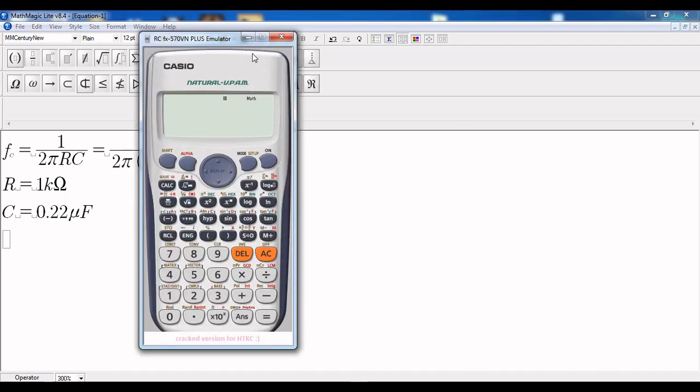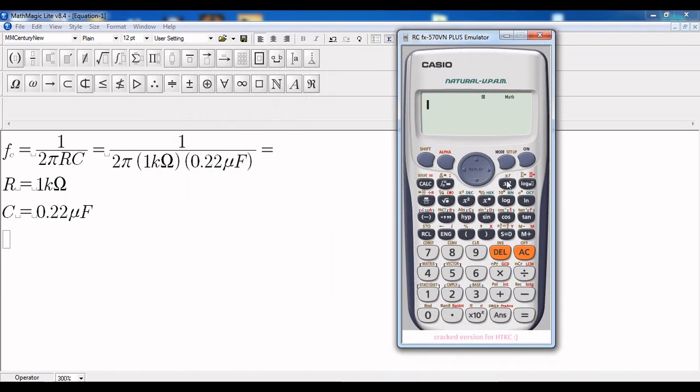So using our calculators, so we have your 2 pi, 1 kilo ohm, and 0.22. One way of doing this is we could compute the 2 pi or everything in the denominator, then put in the reciprocal. So I'll be doing just that.